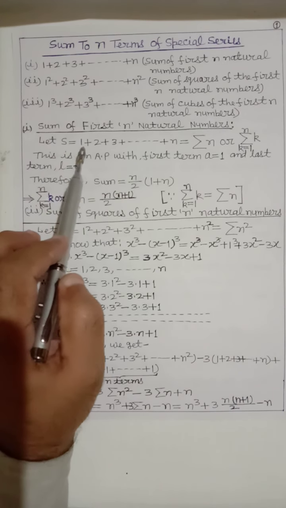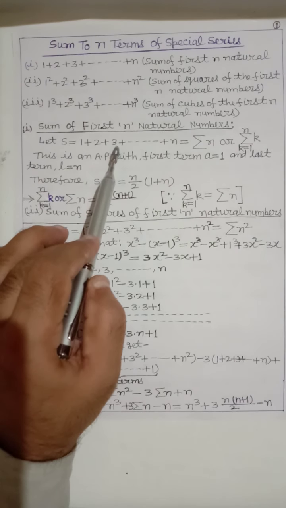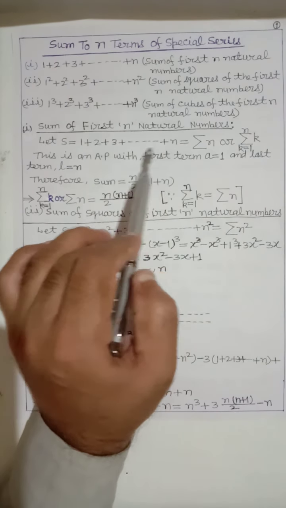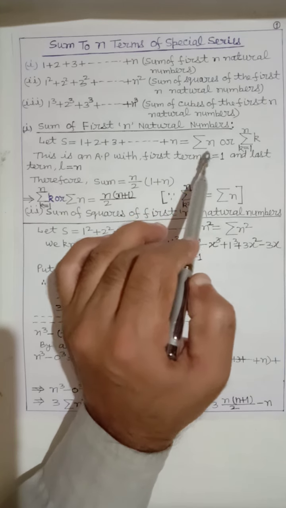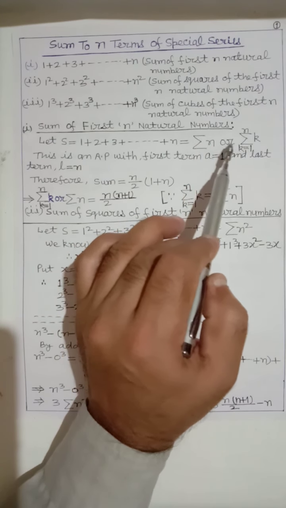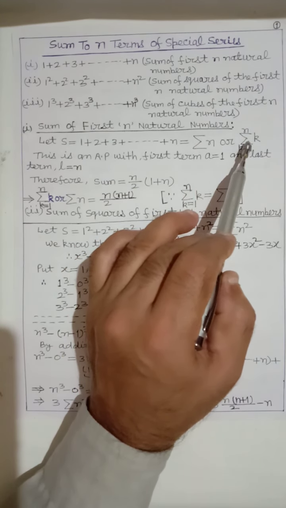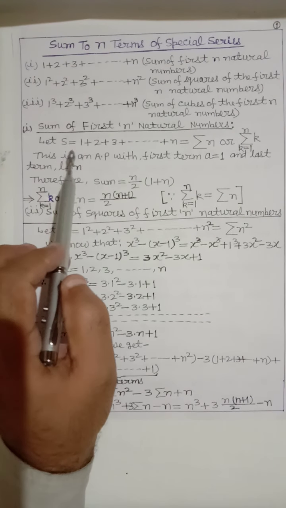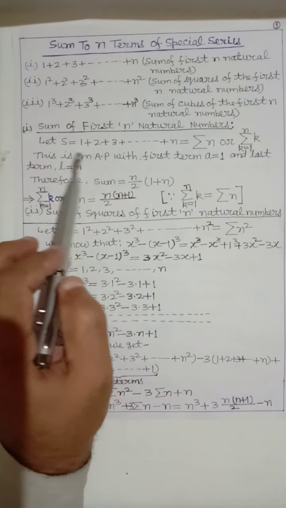Let s equal to 1 plus 2 plus 3 plus and so on plus n, and sum of these is equal to summation n or summation k, where k varies from 1 to n. Means we have to find the sum of first n natural numbers here.